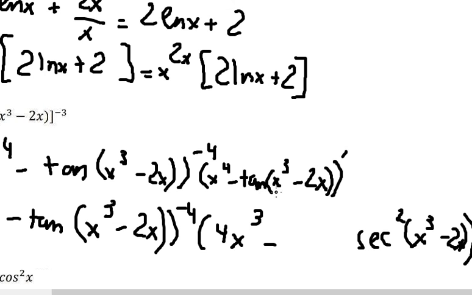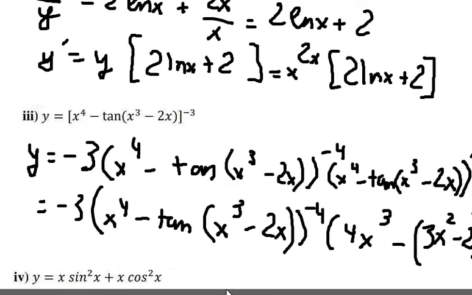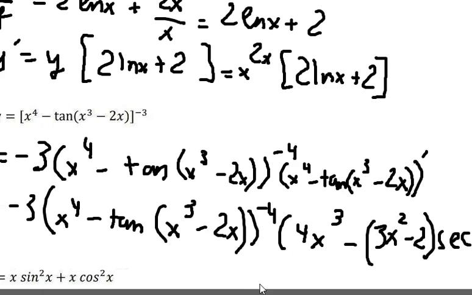But inside this one, we continue to do the first derivative, and the first derivative of s to the power of 3, we have 3s squared. The first derivative of 2s, we have negative 2. And this is the final answer for question number 3.